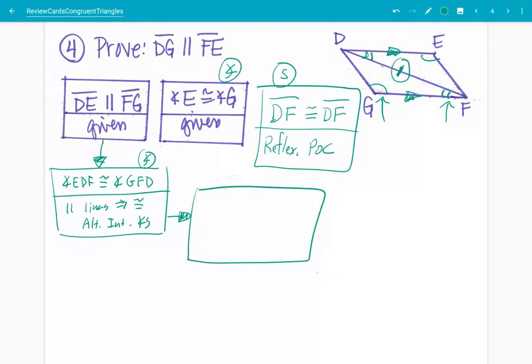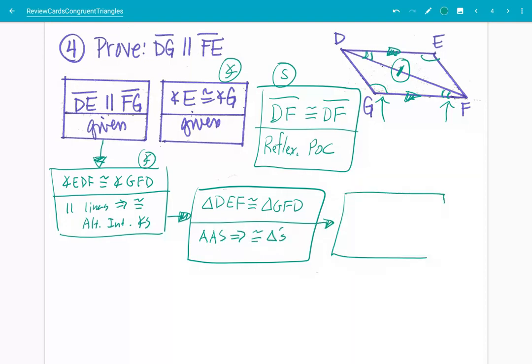So from here, I'll say triangle DEF congruent to triangle, let's see, if I went DEF, then it would be GFD. And that's angle, angle, side implies congruent triangles. The next box after is always going to have this statement. Congruent triangles imply congruent corresponding parts.